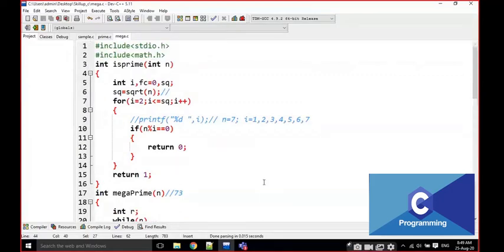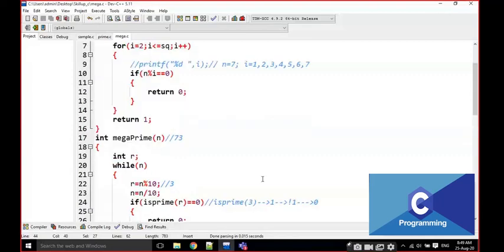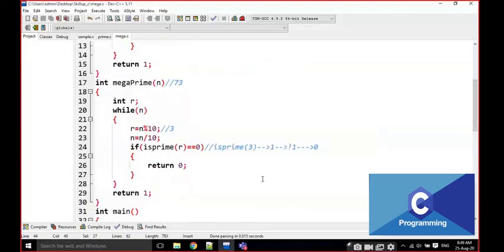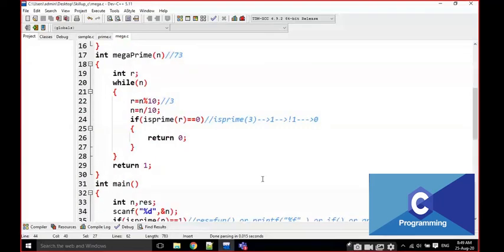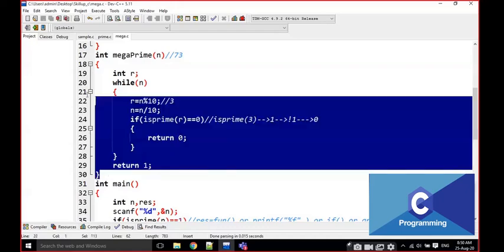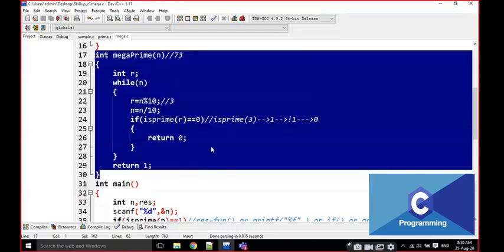In one function only I am writing all this code. Okay, is prime of, is mega prime of. It is very lengthy. Just note down this logic only. This logic what I am doing here, I am going to save in the GitHub and you will work on this thing.